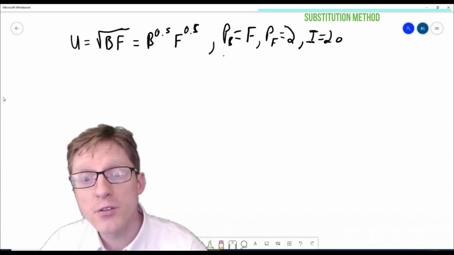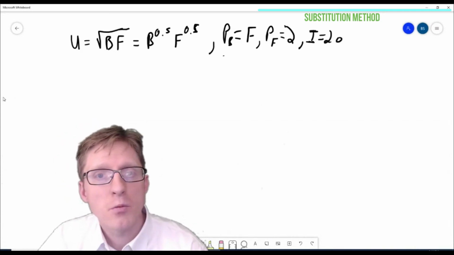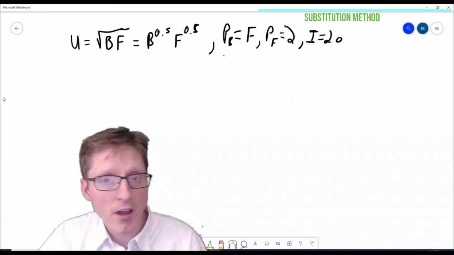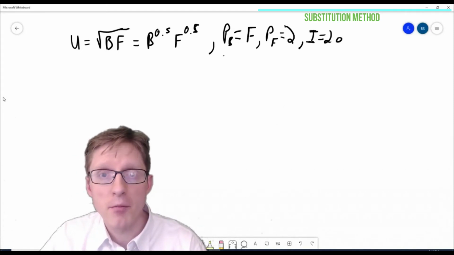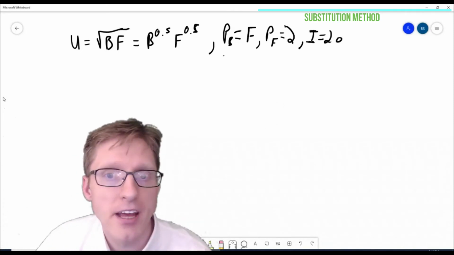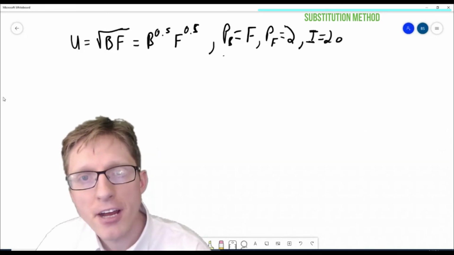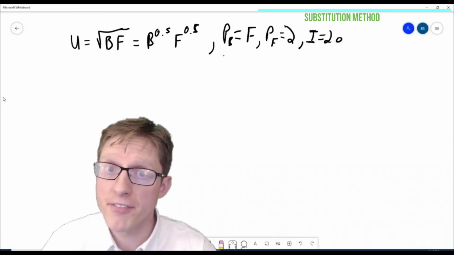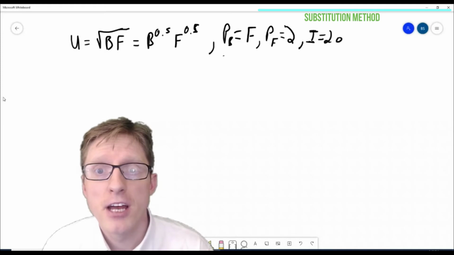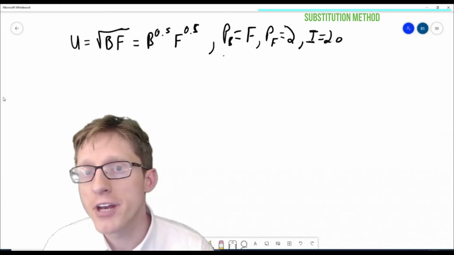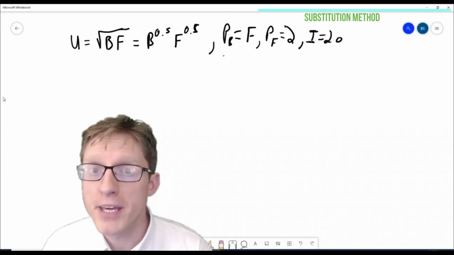Another method we could use is a substitution method, where we'd use the information about a person's income and the prices to come up with a budget constraint, and then, using the budget constraint, find the relationship between the amount of good F consumed and the amount of good B consumed.